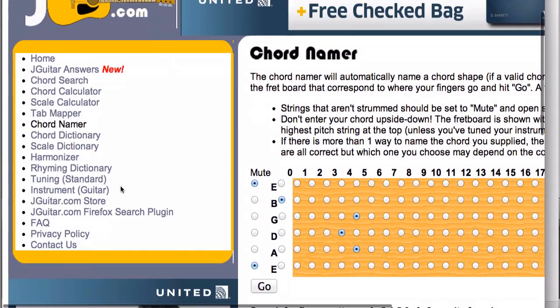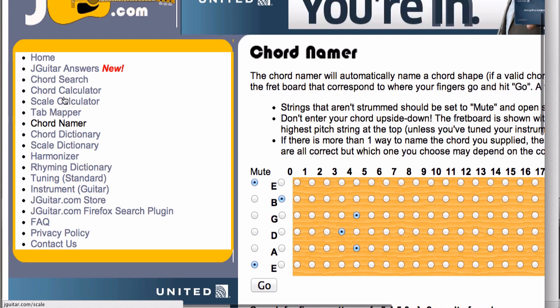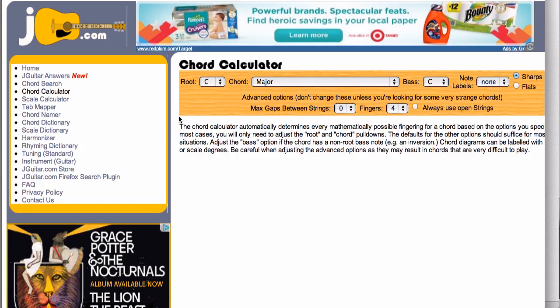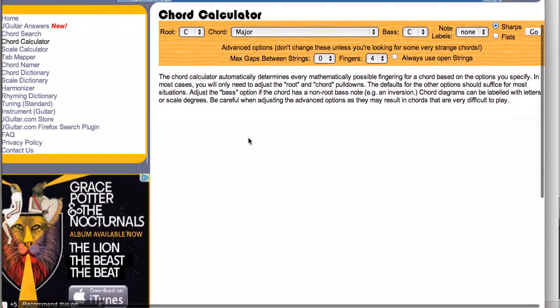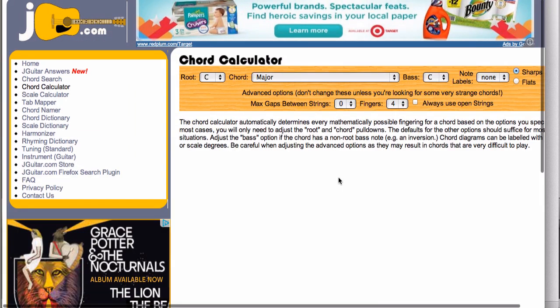This site also has some other cool stuff, if you just start playing around with it. My students really like playing around with this, and it's a fun way to start learning some stuff.